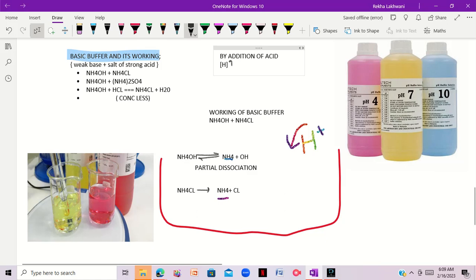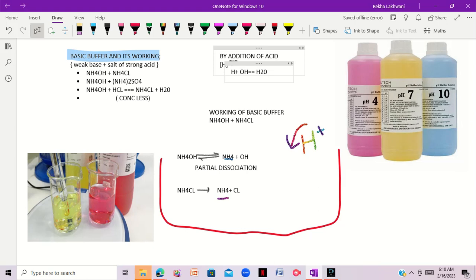So what will happen? These hydrogen ions will combine. Basically, these hydrogen ions combine with OH ions, and they will form water, right? Now what will happen on the product side?